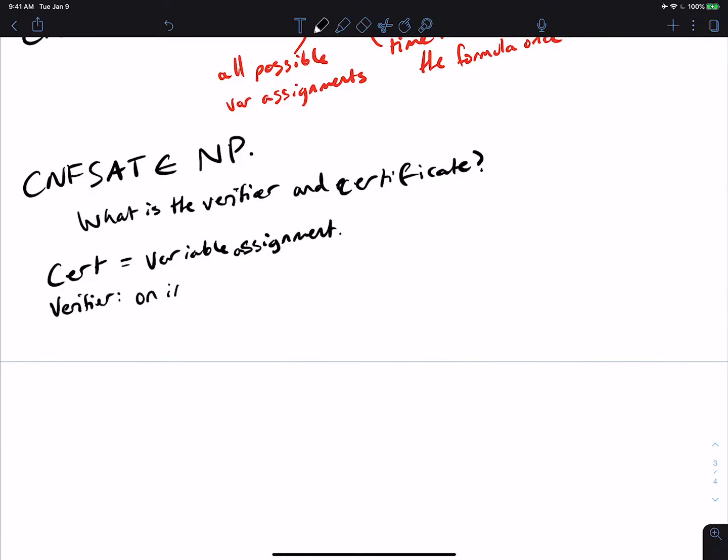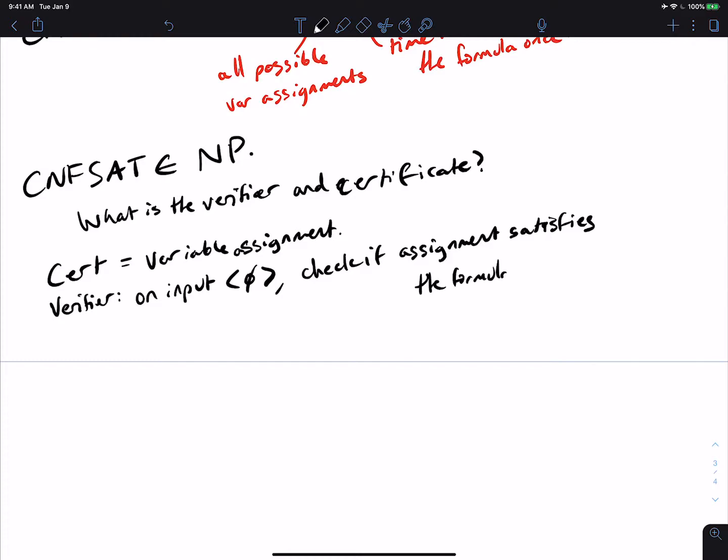On input a Boolean formula phi, check if the assignment satisfies the formula phi. If yes, accept, otherwise reject. Pretty straightforward.